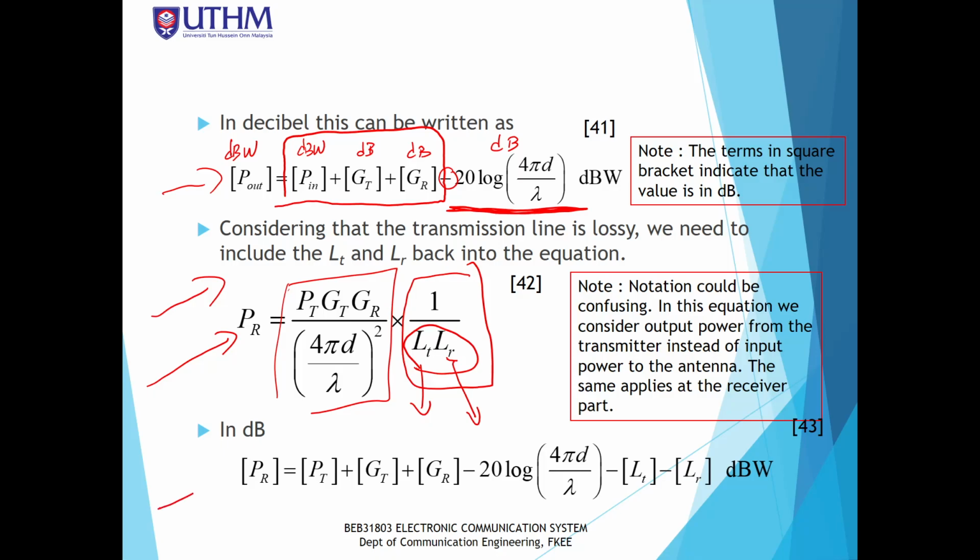Therefore, PR, the power received at the receiver, is equal to this. If we put dBW here, this is dBW, this is dB, this is dB, and this is the FSL, also in dB.